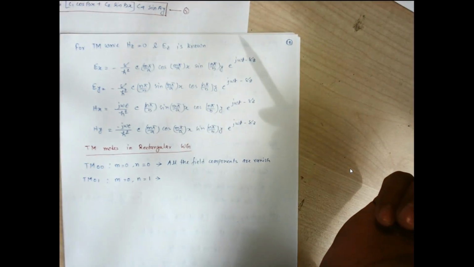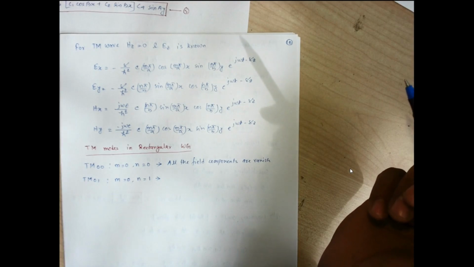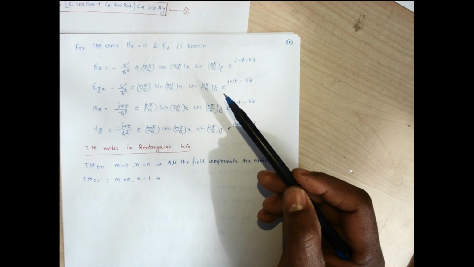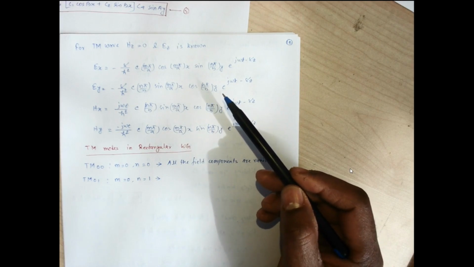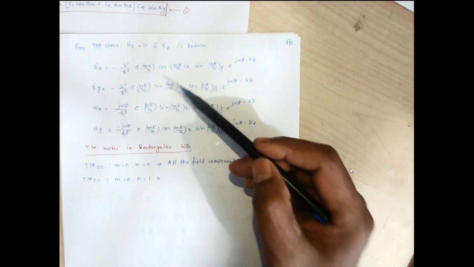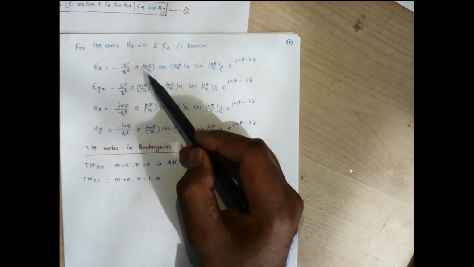If we put n is equal to 1, for this case, if we put m is equal to 0, this is directly 0.